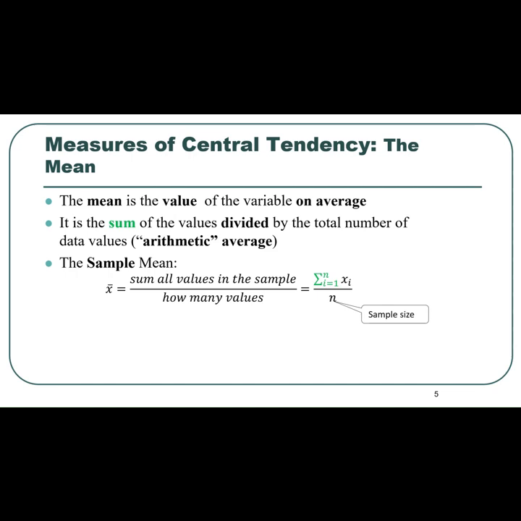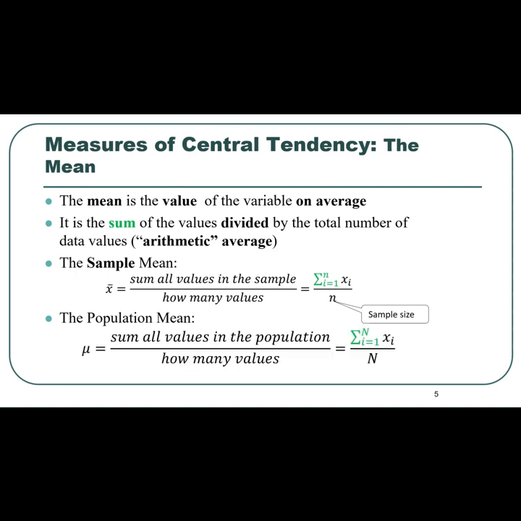And I can calculate the same mean but from the population. So I will have a population mean, and this is represented by another Greek letter which is pronounced mu, M-E-W, mu, and this is calculated as the same definition of the mean in general, sum of all the values divided by the total number of the values that you did sum. So sum of all the values in your population now, because it's a population mean, over how many values you have in your population.